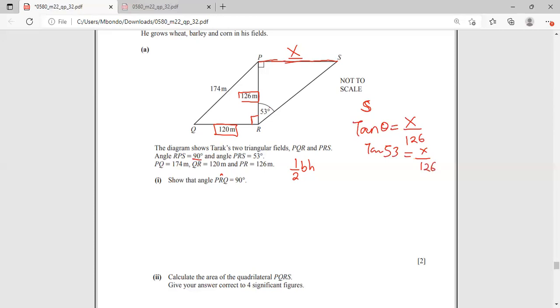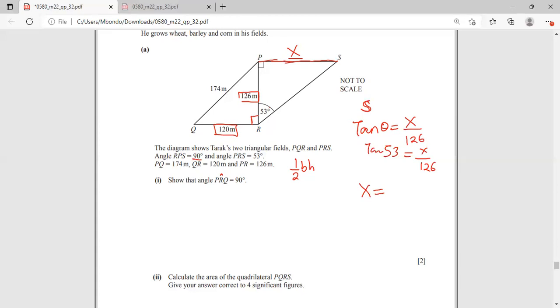So when we cross multiply, x will be equal to tan 53 multiplied by 126.